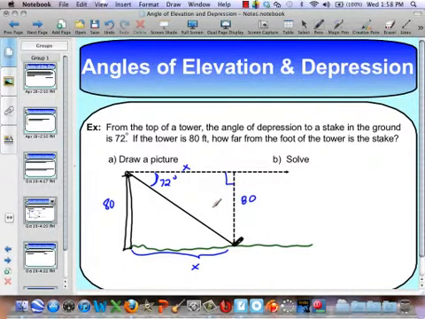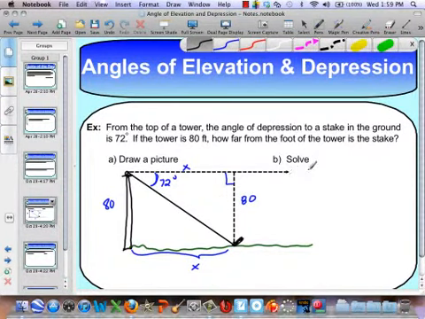Which trig function is this going to be? Notice we don't have our hypotenuse length, do we? All we have is the opposite side and the adjacent, which is therefore tangent. So part B, solve it.